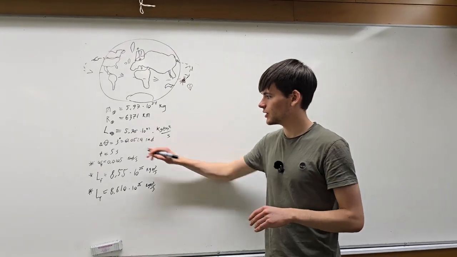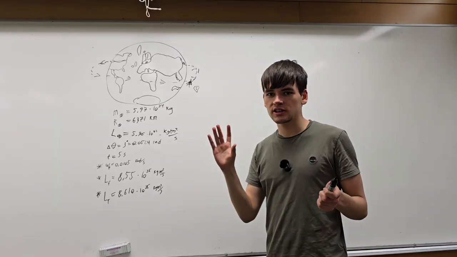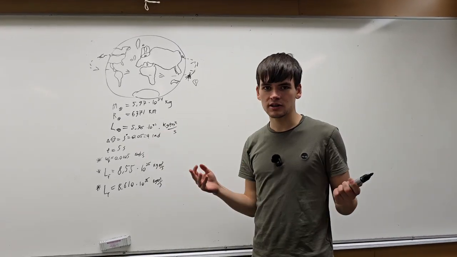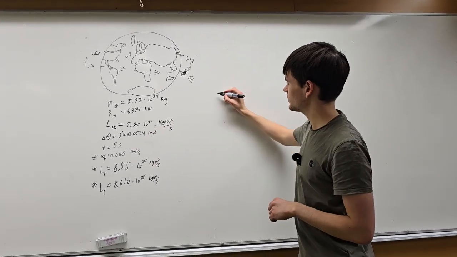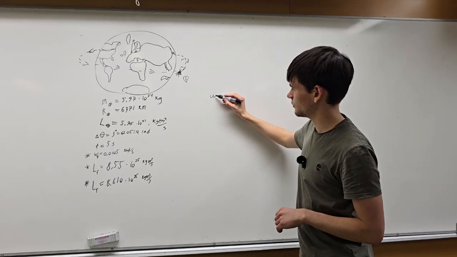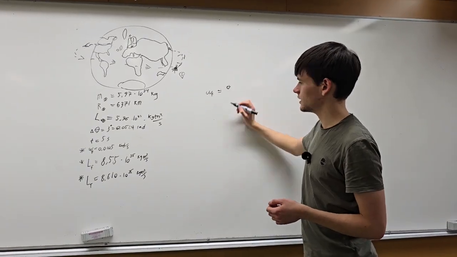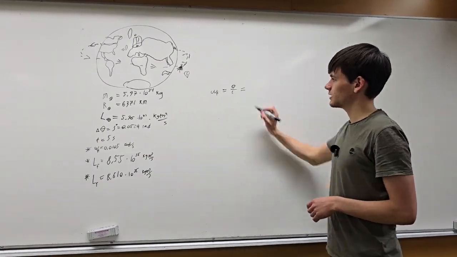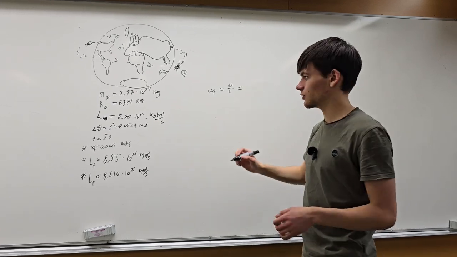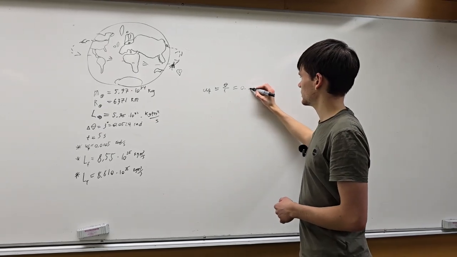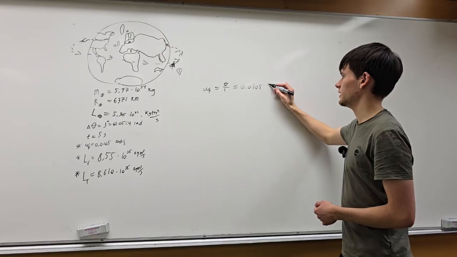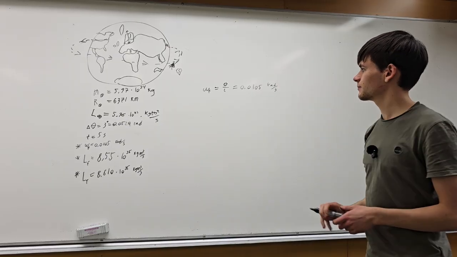So, since we know how much it spun and in how much time it happened, we can easily calculate the new angular velocity. The final angular velocity is 0.0105 radians every second.